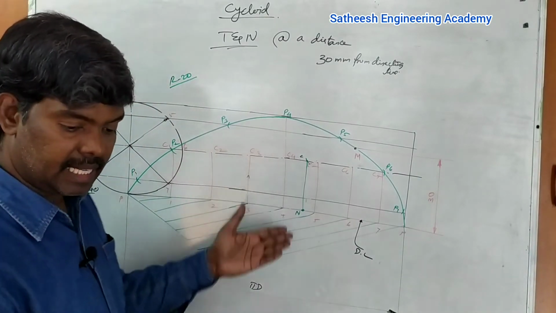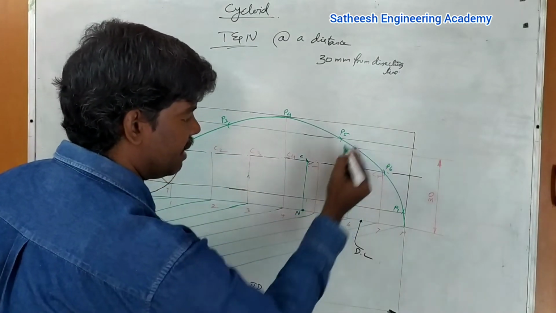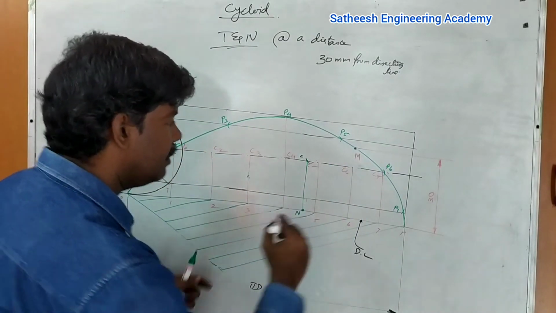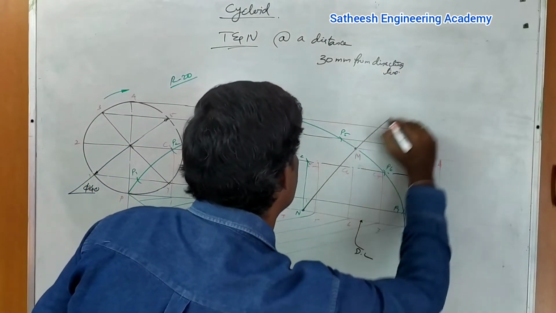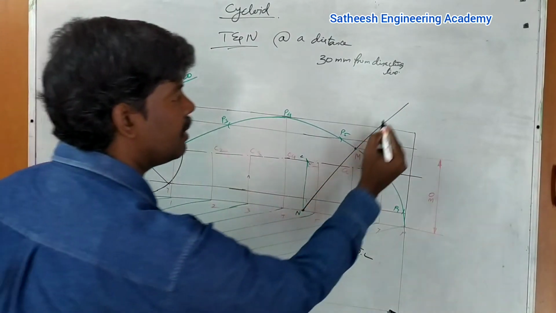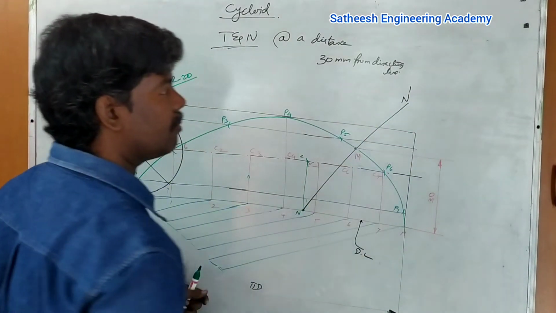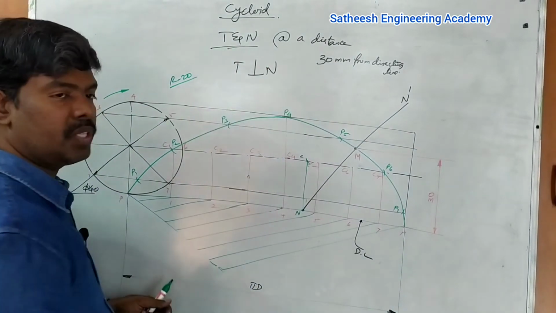After getting N, place the scale and join N and M. This is the normal, N dash. Tangent and normal are at right angles, 90 degrees, to each other.